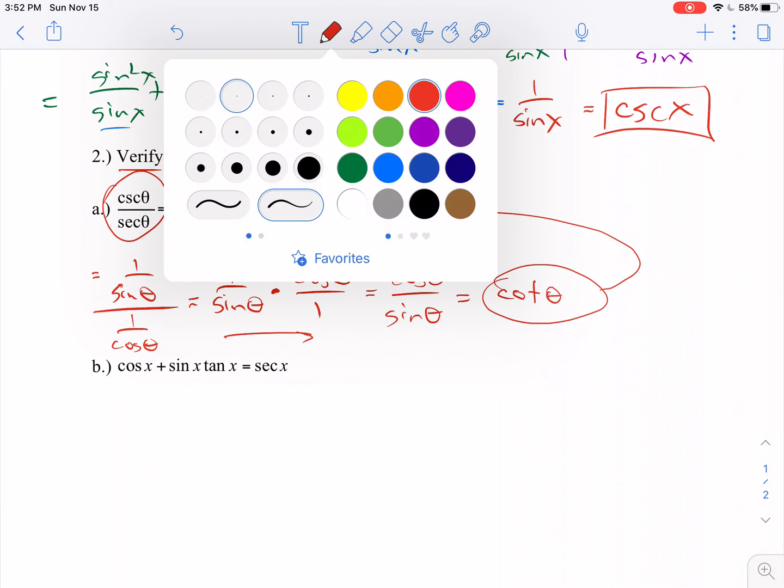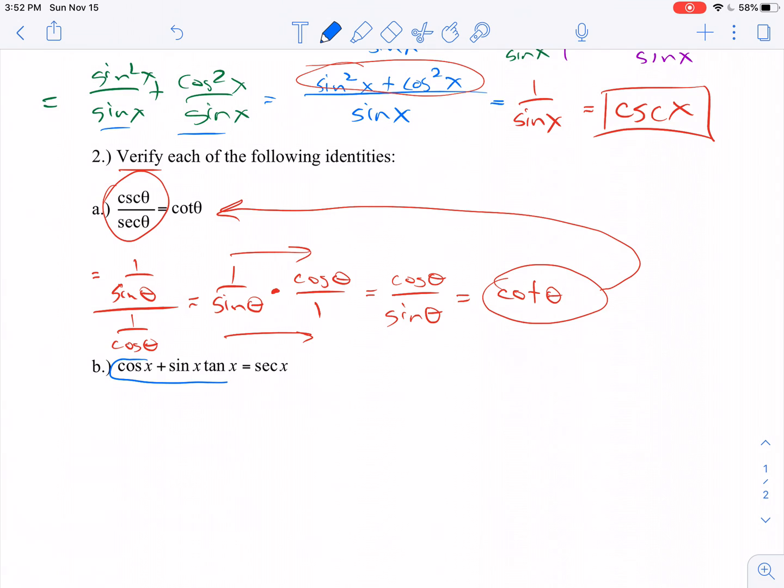All right, and the last one. It's going to be kind of similar to the two above here. So this is cosine of x plus sine of x times sine of x over cosine of x. So what I did is I changed the tangent into that sine of x over cosine of x.